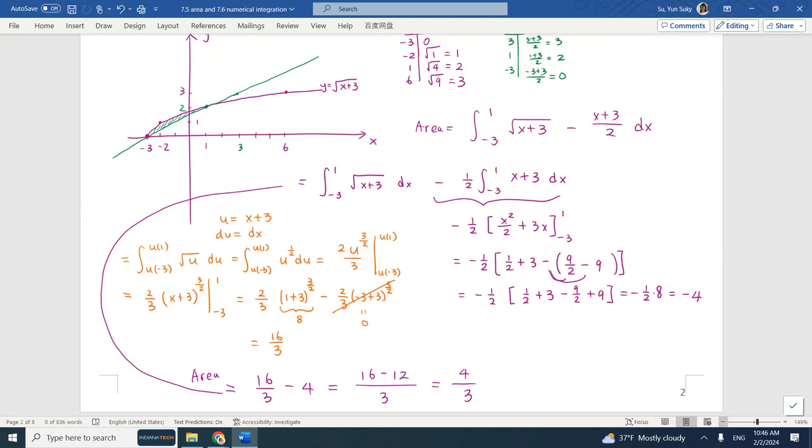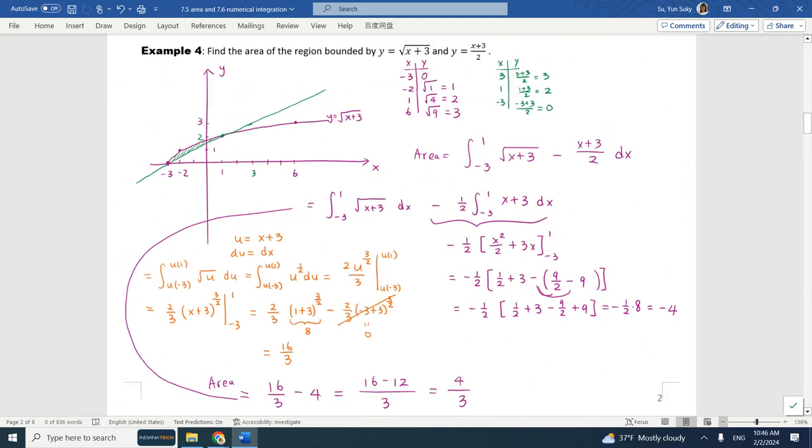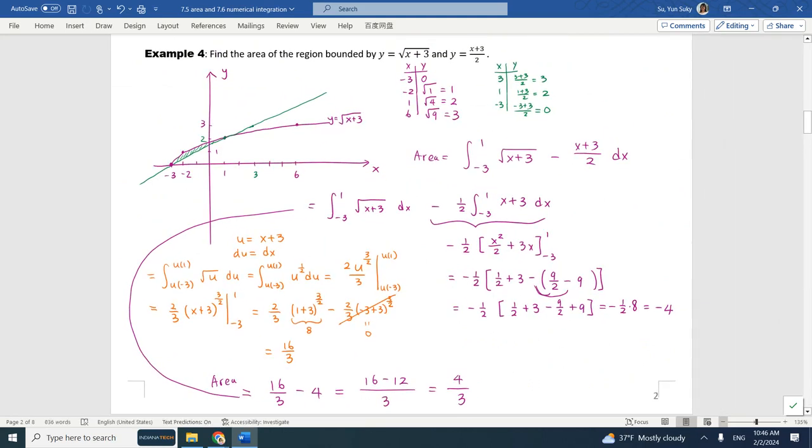Okay, so this is example 4. Any questions about example 4? No? Okay. So again, first step, we want to sketch the graph and plot integer points, and then hopefully you can find the intersection points as well. Now you can set up the integral: x goes from where to where, using the upper function minus the lower function.